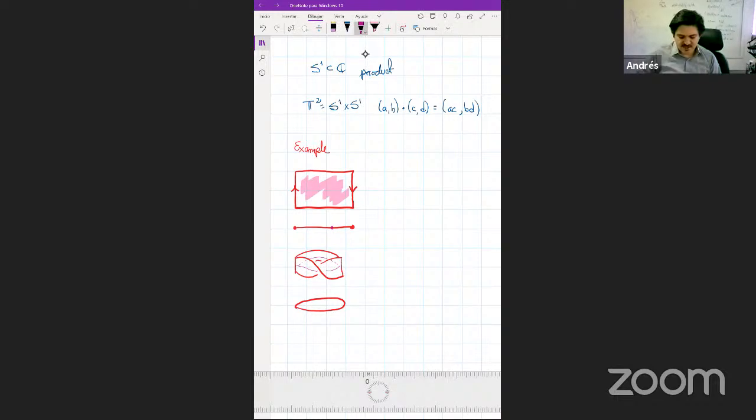What is the pre-image of a point here under this projection? What can you say about the pre-image of this point? It's a closed interval, right?